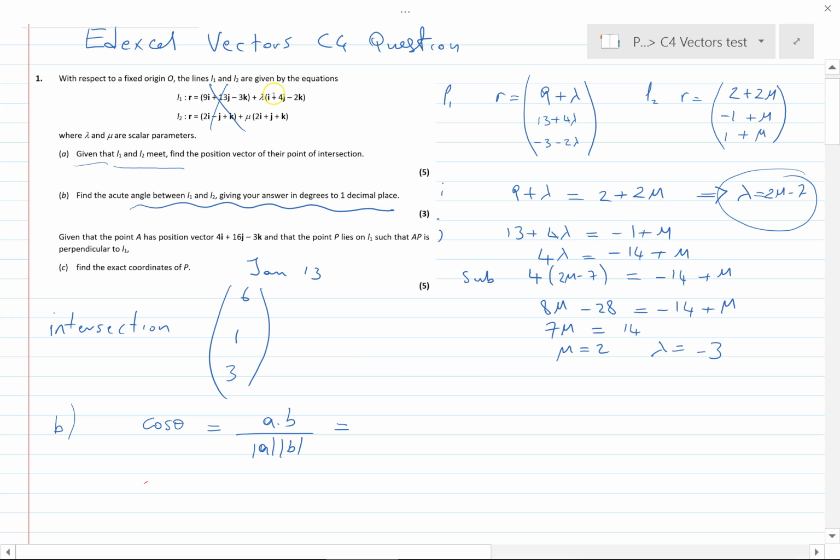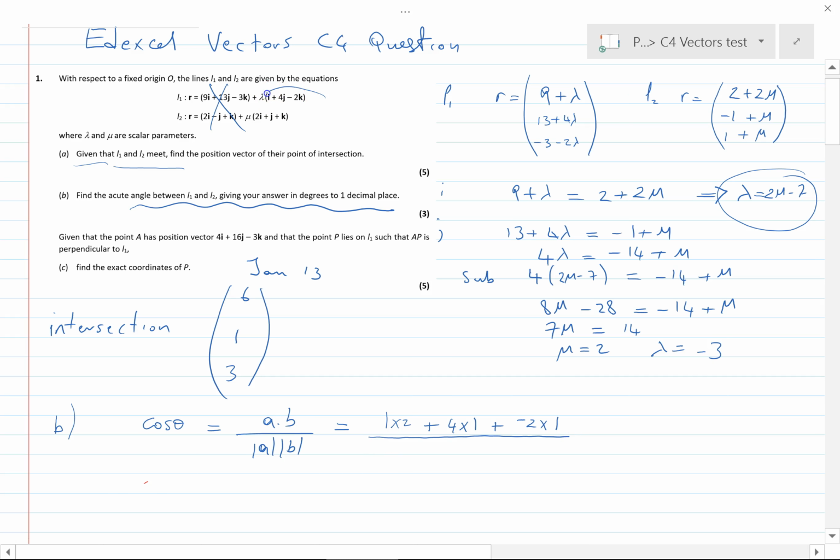So a dot b, that's the dot product, that's 1 times 2 for the i bit, then plus 4 times 1 for the j bit, plus minus 2 times 1, all over.